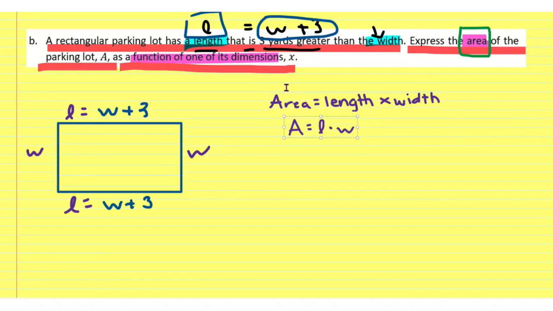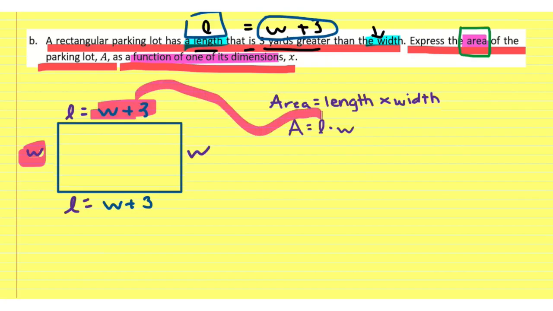Okay, so now we want to fill this in. We've got a W here, and then we've got an expression for the length right here. So I can literally plug that in for that L, right? Okay, so how can we rewrite that? Here's another thing I've added. It says that we want to write the area as a function. So I am actually using function notation.